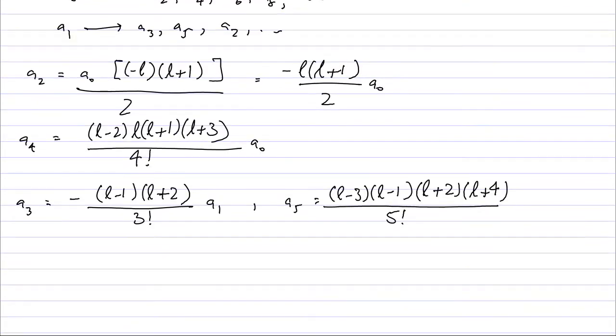So in other words, just like we did before, you can group terms: all the terms that contain A naught, and all the terms that contain A1.